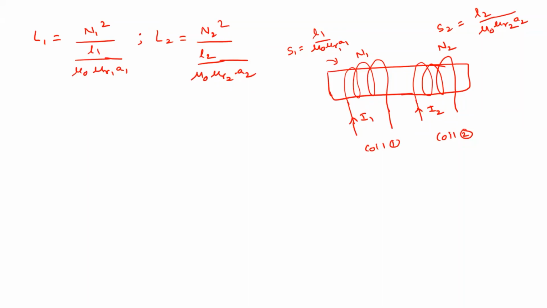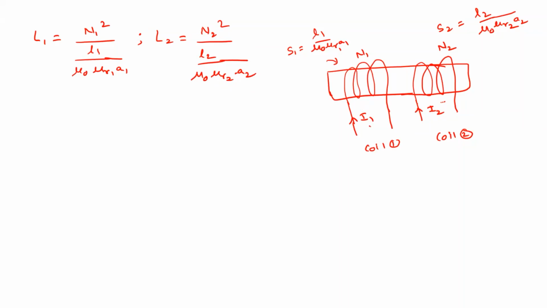Then the EMF induced in coil 2 due to the rate of change of current in coil 1, and the EMF induced in coil 1 due to the rate of change of current in coil 2. There are four fluxes.